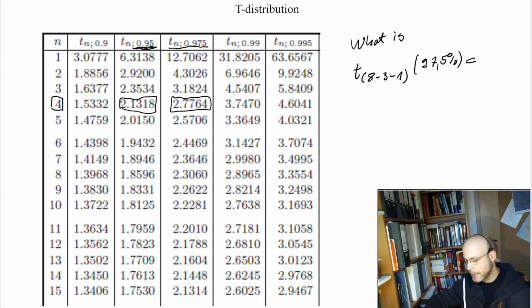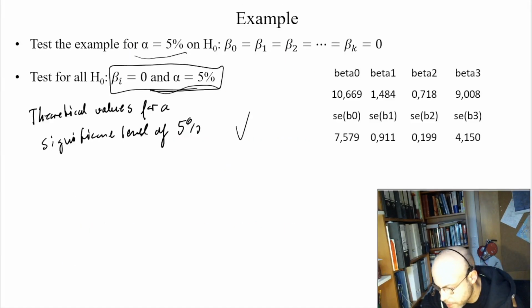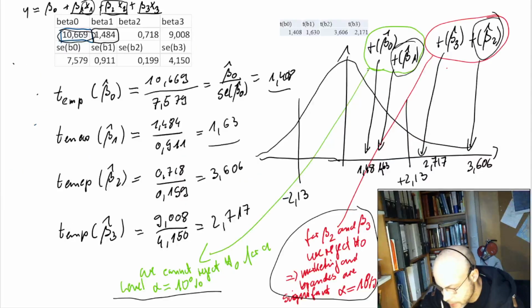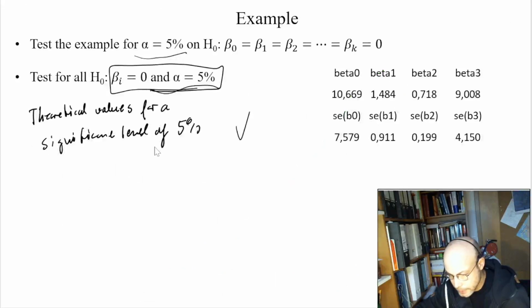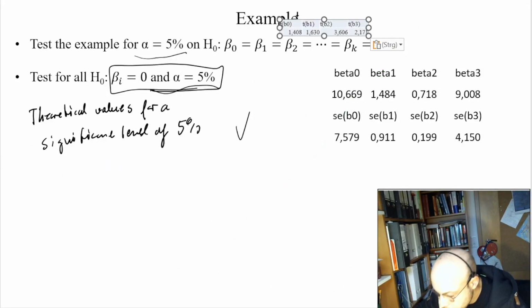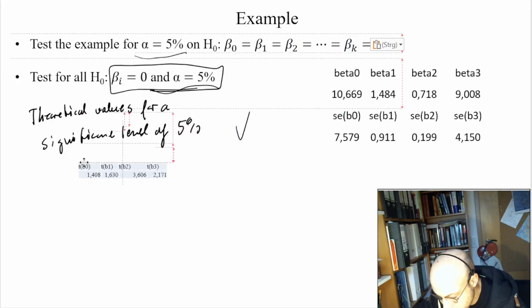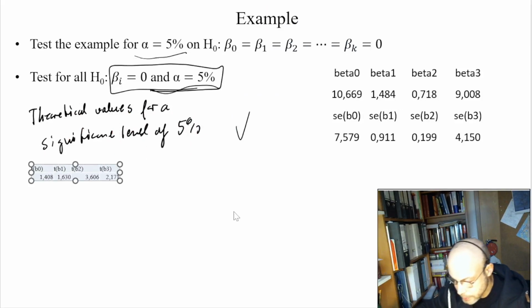And this value now we have to compare with our empirical values. These we had here. These were our t values.